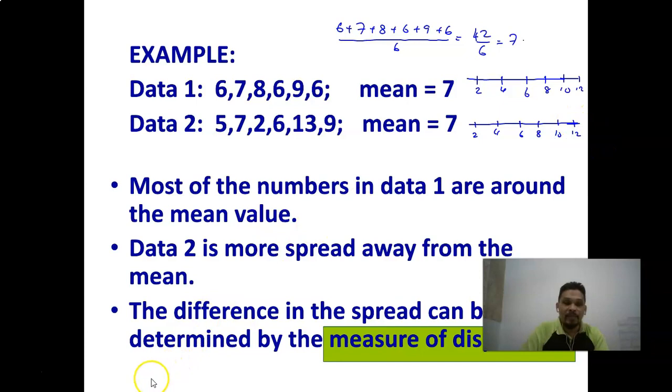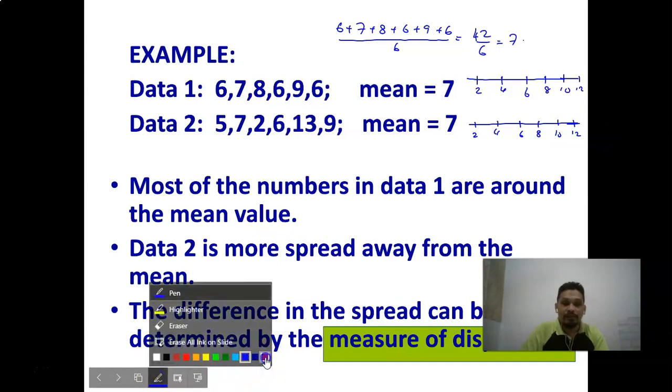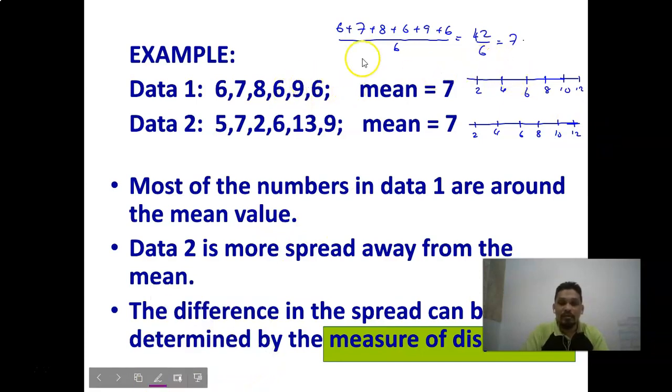For the first data, if I use the purple ink for data number 1, it has 6, 7, 8, 6, 9, and 6. You can see here the data is stated in the range of 6 until 10.